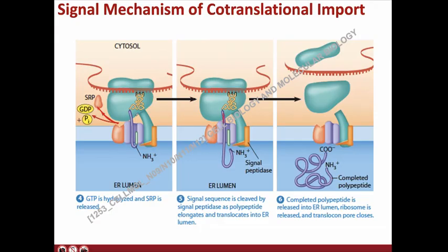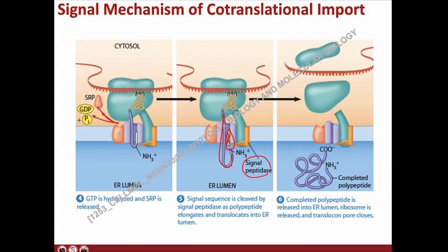You will see here, it continues to elongate and passes into your endoplasmic reticular lumen where the signal peptidase cleaves the signal peptide. It cuts the signal peptide itself. So this signal peptide, once it is cleaved, is degraded in the ER lumen and disappears.